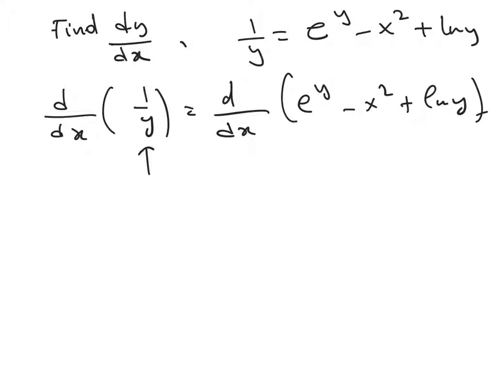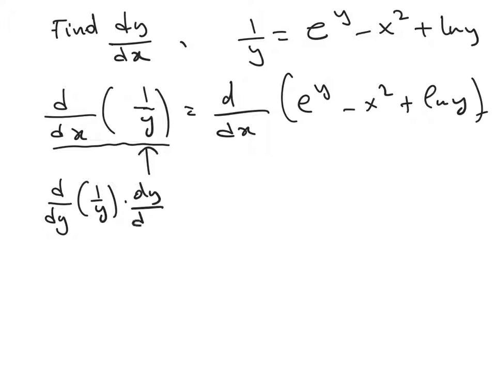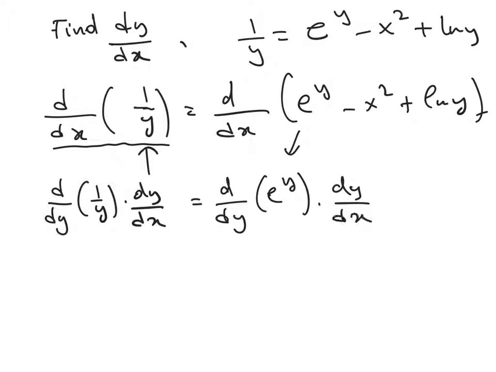This is a function of y, and y itself is a function of x. So the derivative of this term with respect to x is, using the chain rule, d over dy of 1 over y, dy over dx. Same thing here, it's a function of y which is a function of x. So the chain rule again, d over dy of e to the power y, dy over dx.